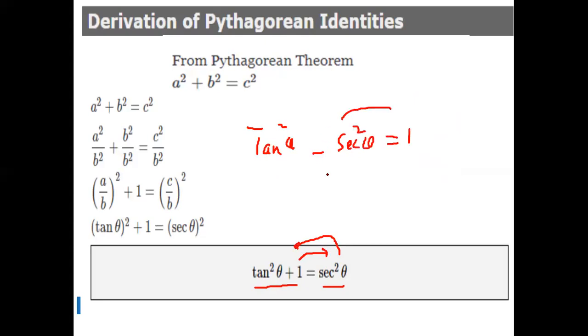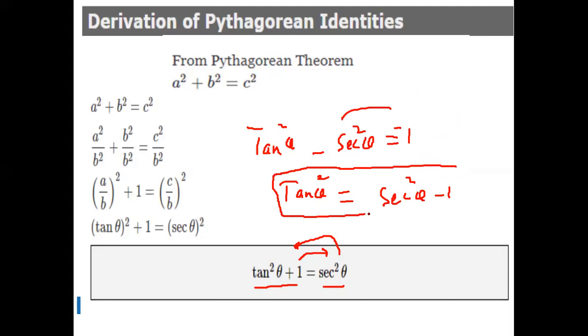Or if you transfer this to the other side, we have tangent square theta is equal to secant square theta minus 1. So you can derive different formulas by transferring terms to other sides. This is the second Pythagoras identity.